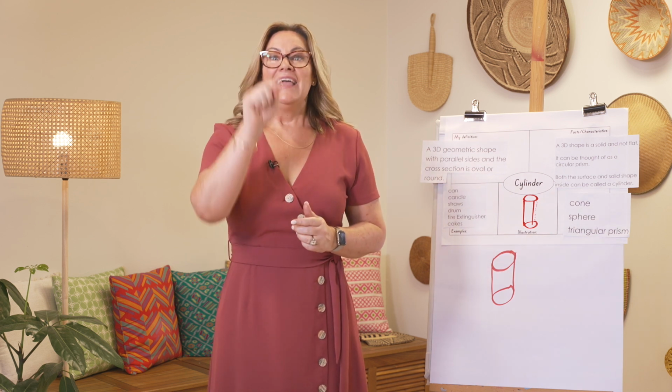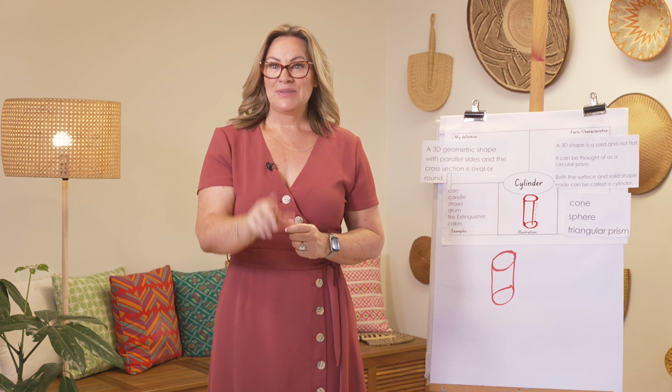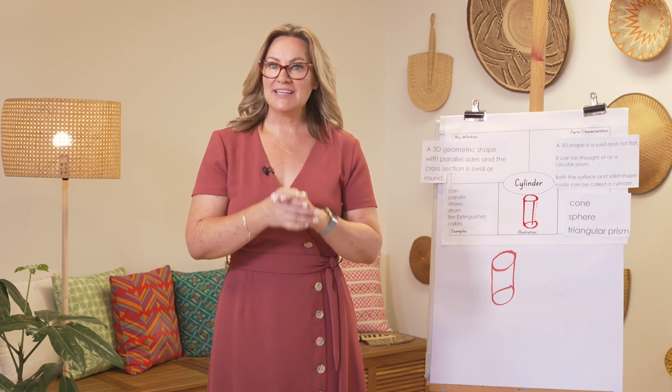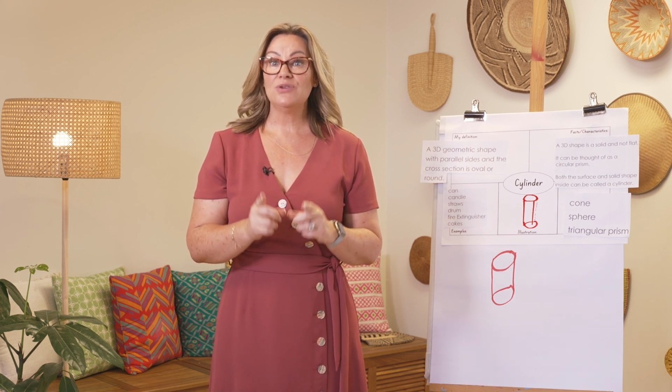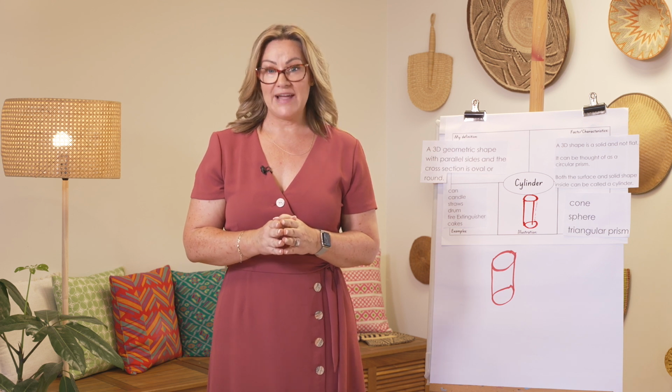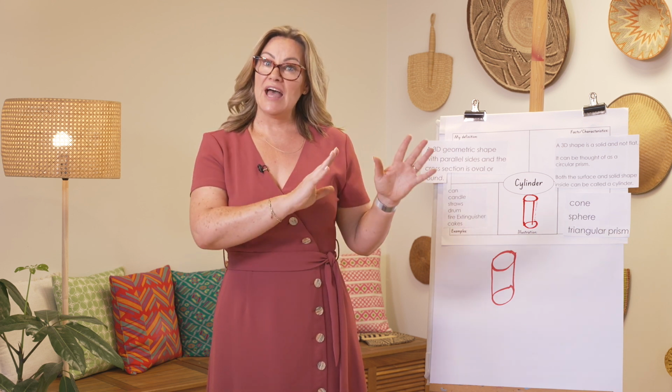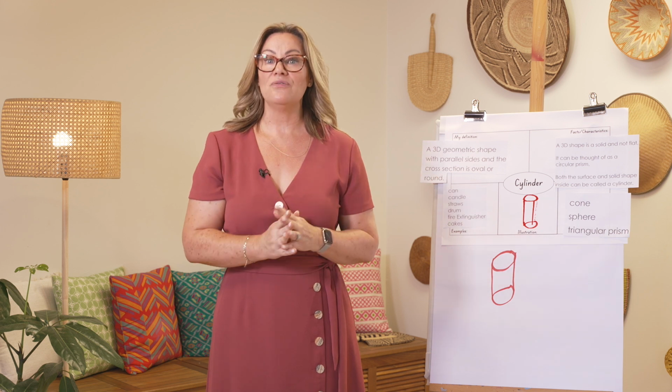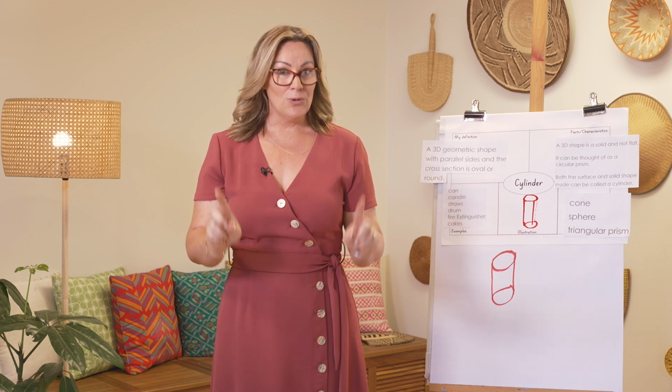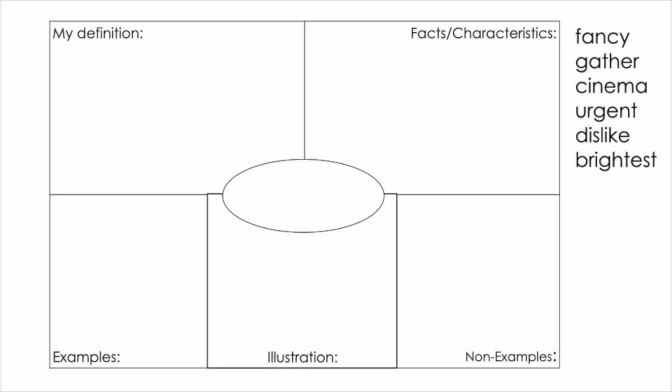Excellent. Independent activity. For today's independent activity, you are going to create your own Freya chart. Up on the screen now, you will see the template of the Freya card. Pause, copy down those headings, and then choose a word from the screen.